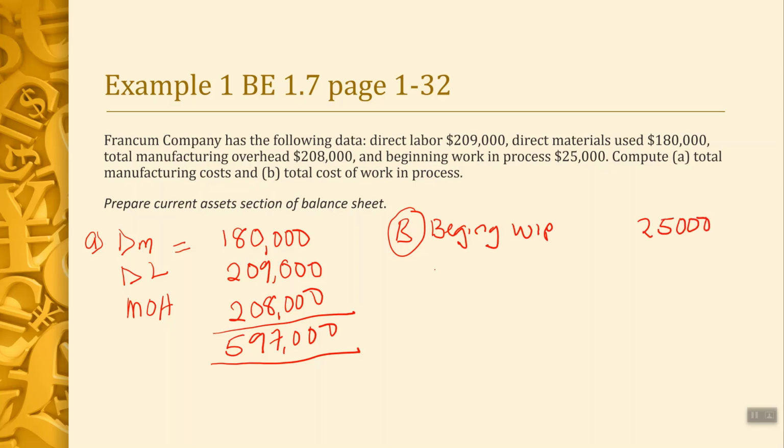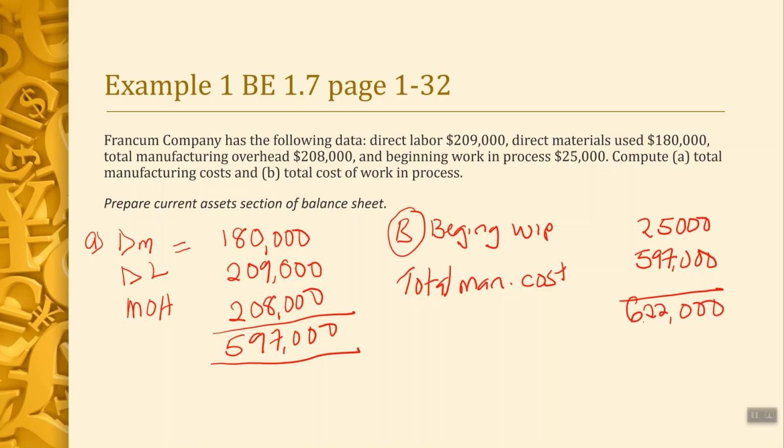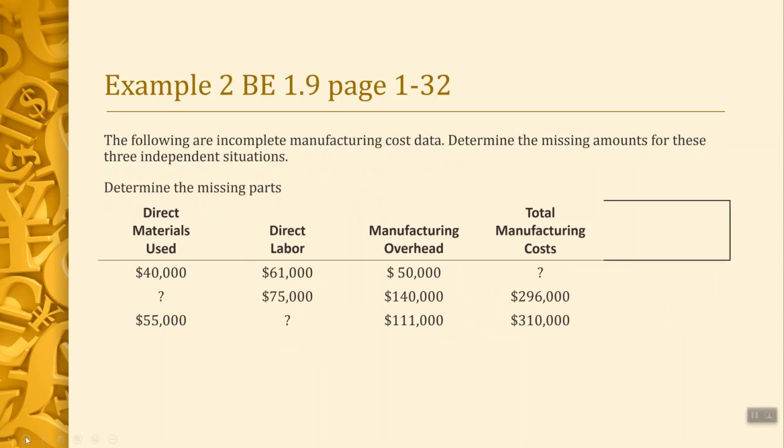And then we have our total manufacturing, and that gives me 622. Okay, and this becomes our total cost of work in process. So I'm hoping that's what you got. If you have any questions, always remember that you can reach out to me.